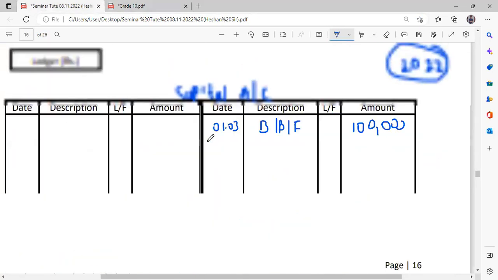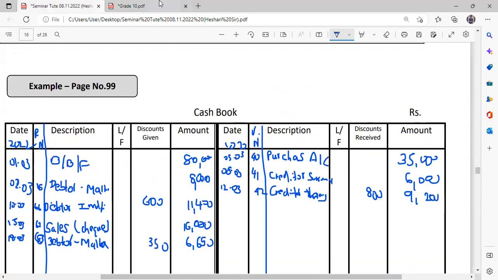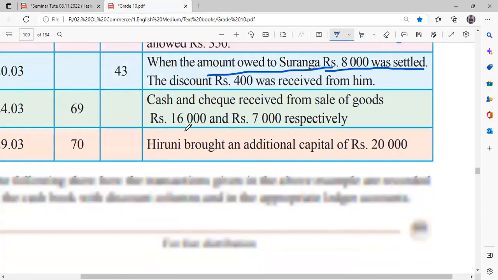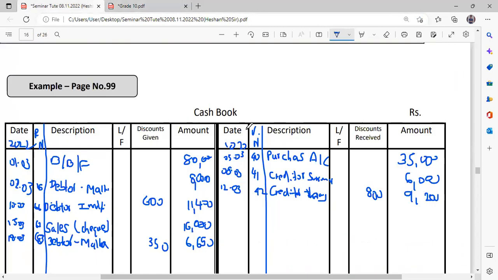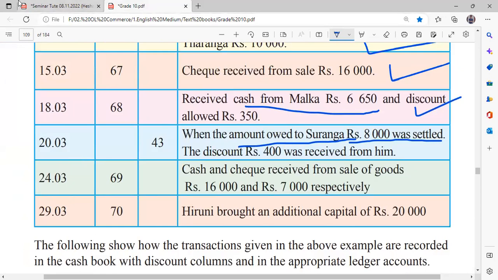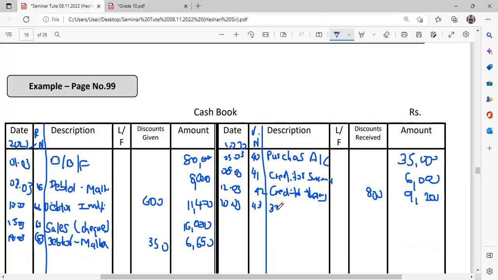Now we need to record it in the cash book, right? Cash book, 20th March, 43. So we received from Suranga 400, 7,600 cash.